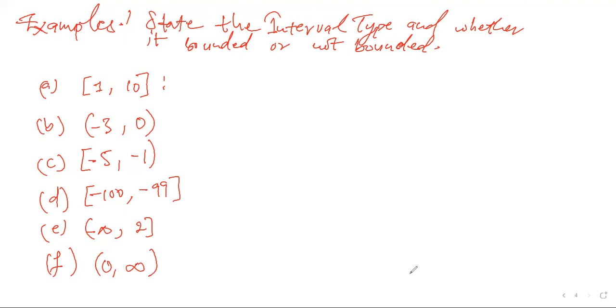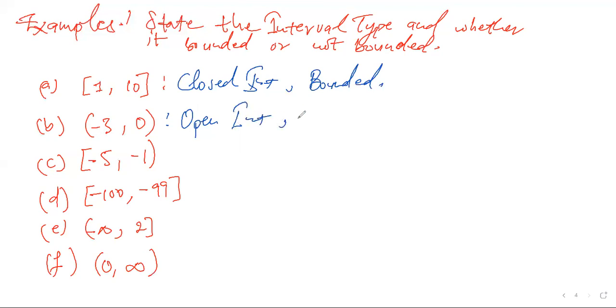Okay, I'm going to write our answers in blue. This one is a closed interval, and it is bounded by numbers, closed and bounded. This one is open because -3 is not included and 0 is not included, so it's an open interval, and bounded.